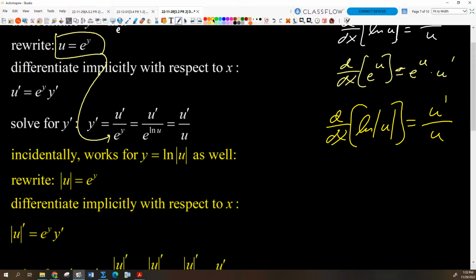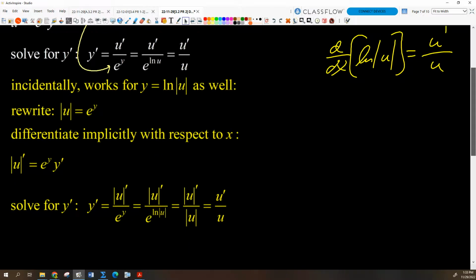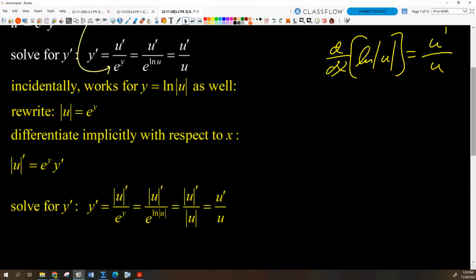Doesn't make any difference. And here's why: because you get absolute values on the top and the bottom. When I look at those as piecewise functions, the negative part of the piecewise function would just cancel top and bottom. But we don't need to go into that. It's not important.